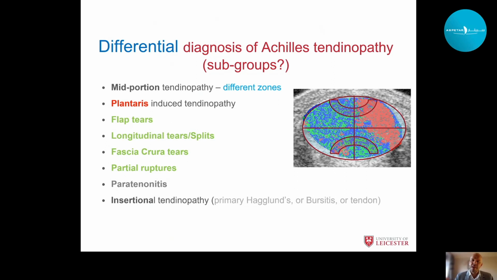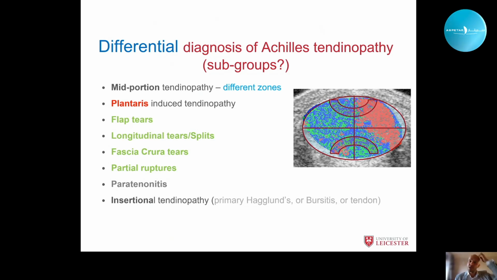It'll come to me in a minute. They've examined the area where you have your tendinopathy, whether it's the anterior section, the posterior section, or the medial or lateral section of the tendon. And they've been able to show some relationship to symptoms being worse when you have a posterior region change in the tendon.